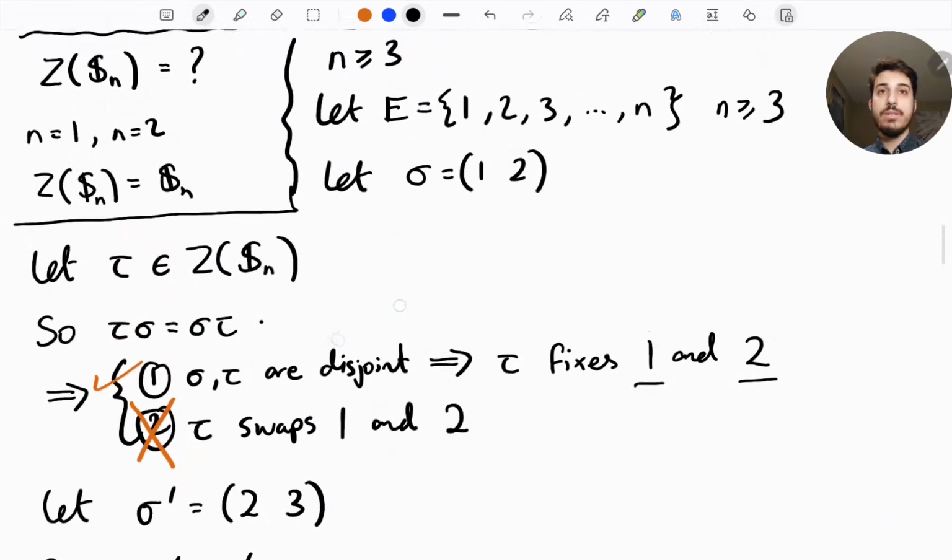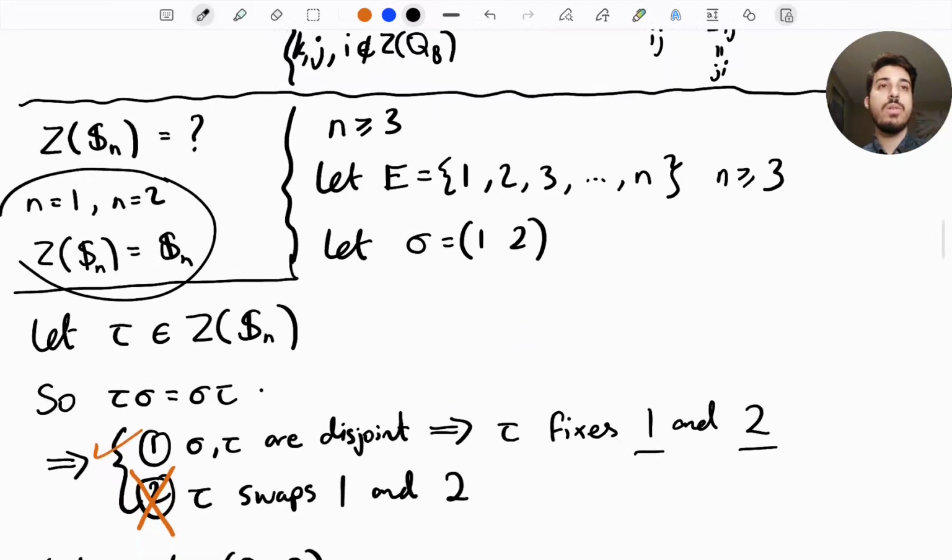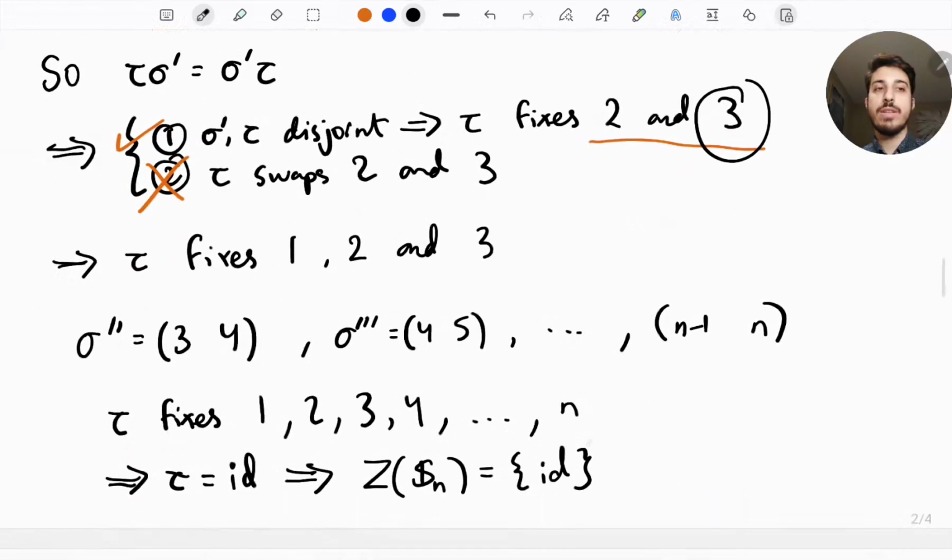So either when n is equal to 1, n equal to 2, the center of Sn is the entirety of Sn, or when n is greater than or equal to 3, the center is just the identity. There is no in between. It's a very dramatic center. It's either nothing or everything. And that completes the example for Sn.